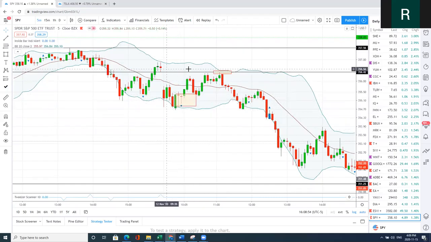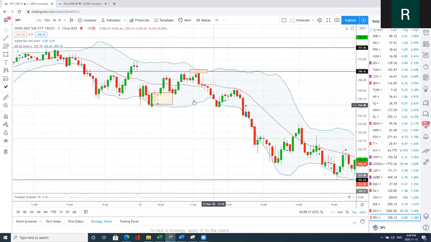Now if we move on a little bit more over here, we have the same setup again. We have a gap fill with an inside inverted hammer, and then we have a nice short below, producing a great winner. So all the factors align for both of these setups. We had placement, we had pattern, and we had time of day.